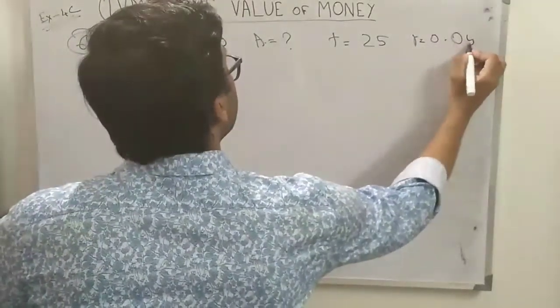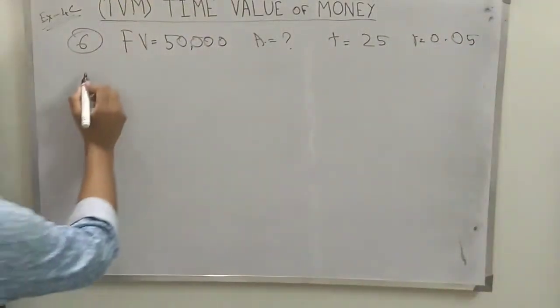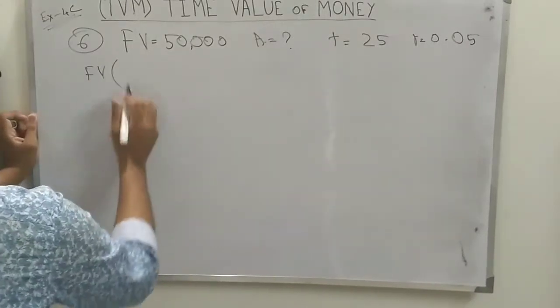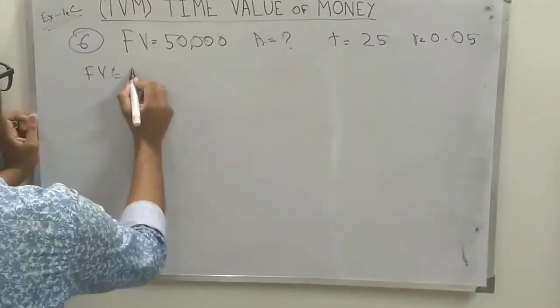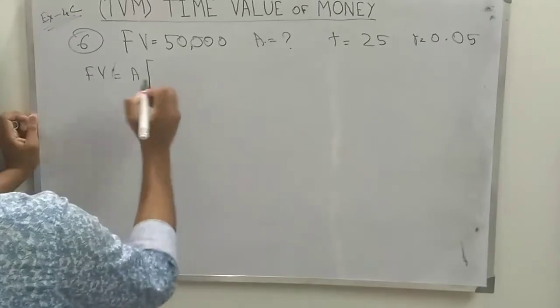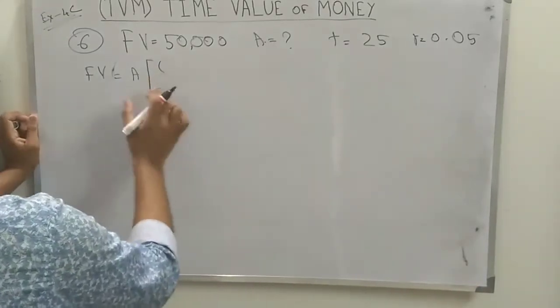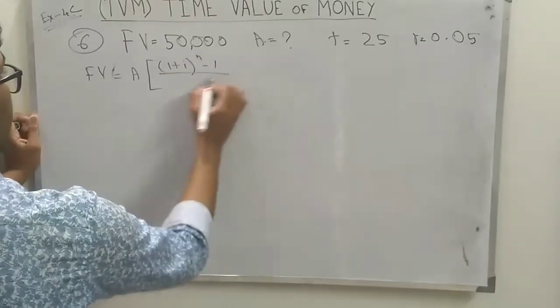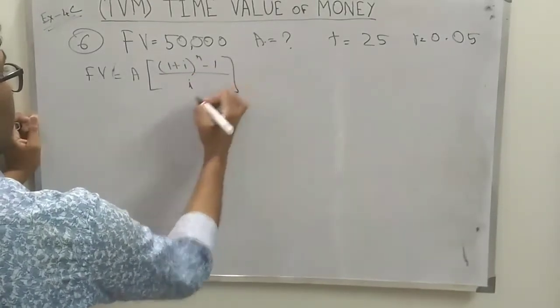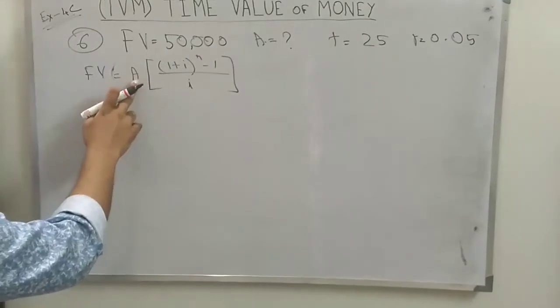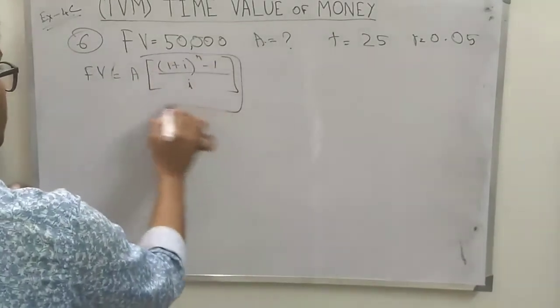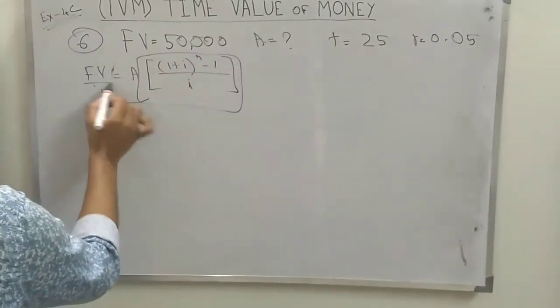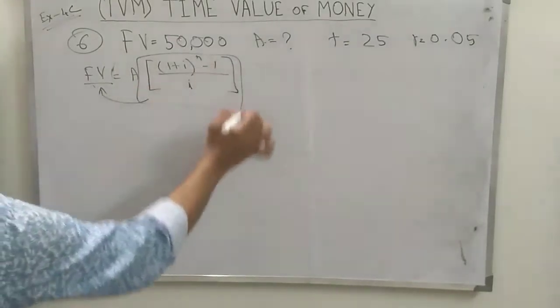Then the formula is FV is equal to A, the simple formula of future value of annuity, 1 plus I to the power n minus 1 divided by I. Now FV is given. To calculate A, this whole portion will come over here, FV divided by this value.